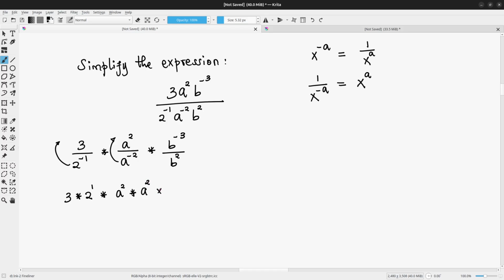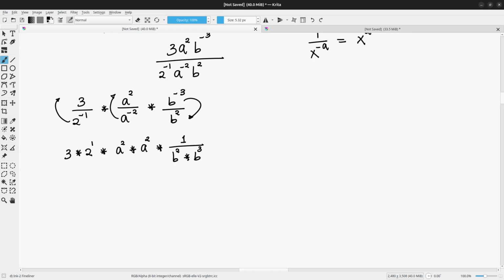And then this is going to be multiplied by, for the b, we are going to bring this negative power to the bottom. So at the top we'll remain with 1 over, we still have the b squared in the denominator, and then times, when the b to the power of negative 3 comes to the bottom, it becomes b to the power of 3.